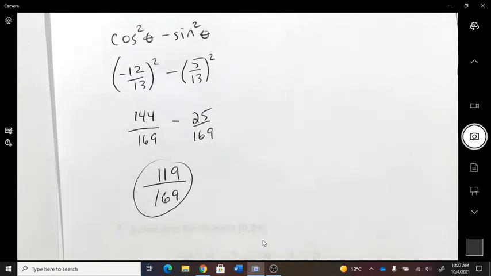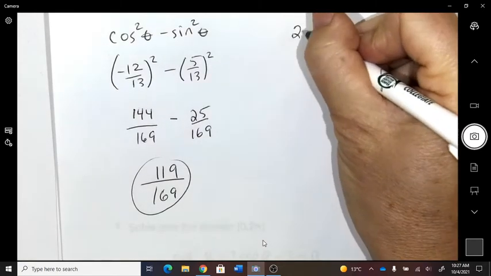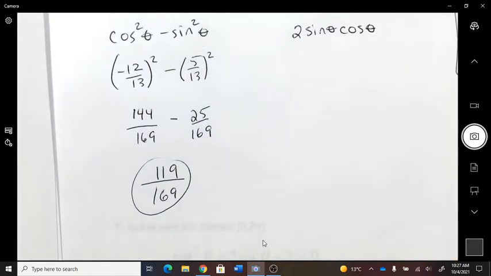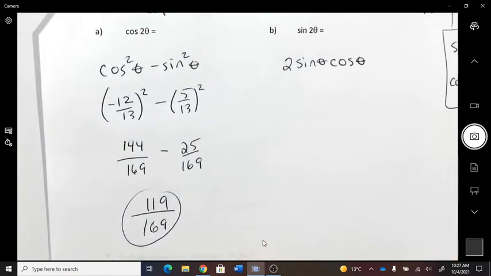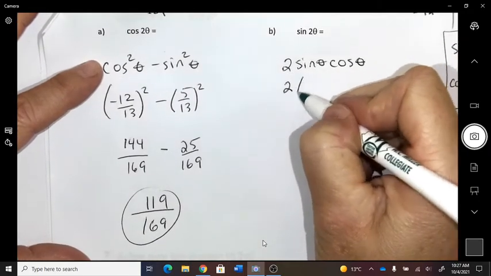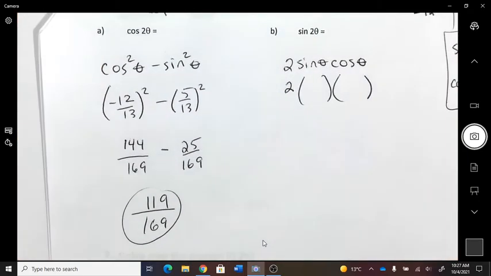Okay, sine of the double angle, you're going to find a formula. This time you only have one option on your formula sheet. So finding the formula, replace with the trig values.